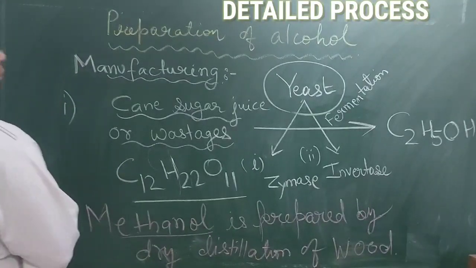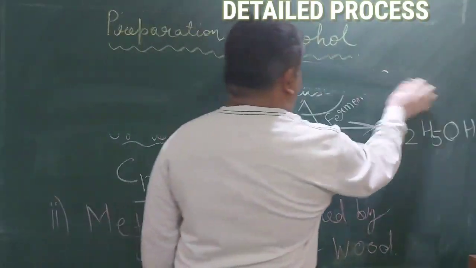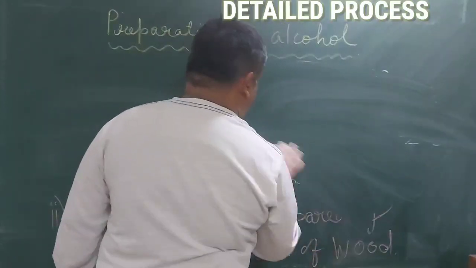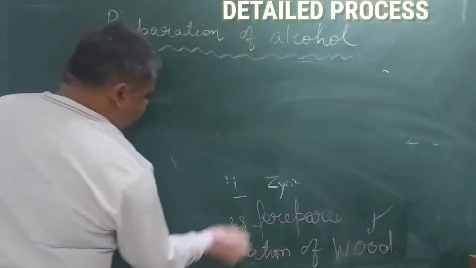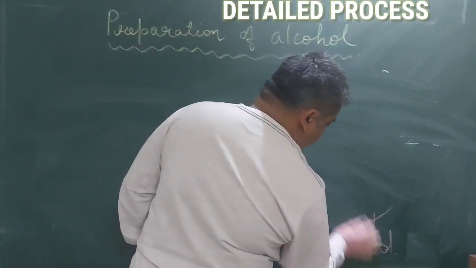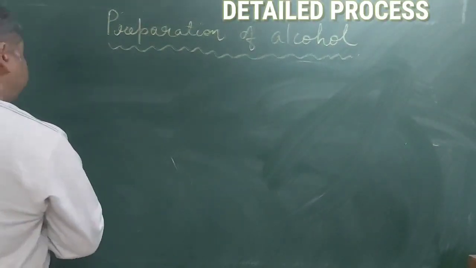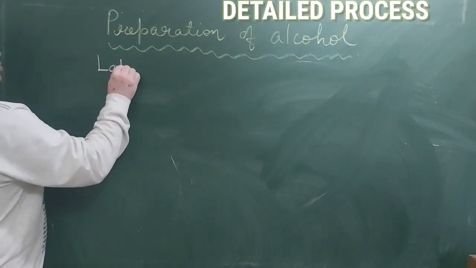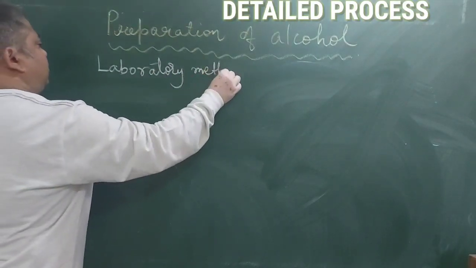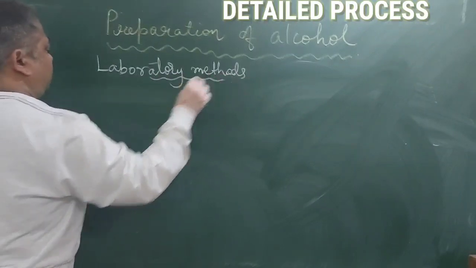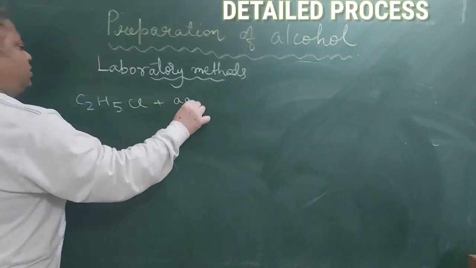Now synthetic methods which we use in the laboratory. We will see laboratory methods of preparation. We can prepare it from ethyl chloride by giving it aqueous KOH.